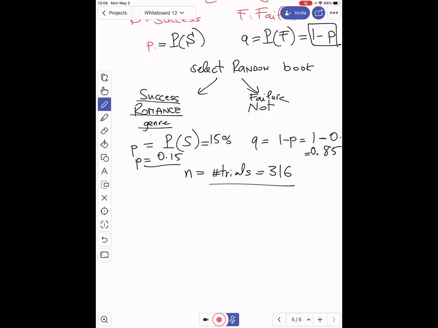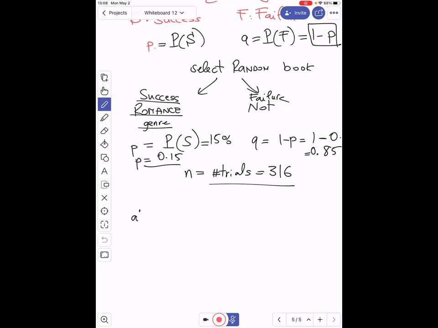All right, it says, what's the probability that, so we have 316 books, of course, and on a given day a local bookstore sells 316 books. What's the probability that at most 50 are romances? Okay, so when you have a romance book, that's a success. So 50 romances is the number of successes. You want to have at most 50 successes.